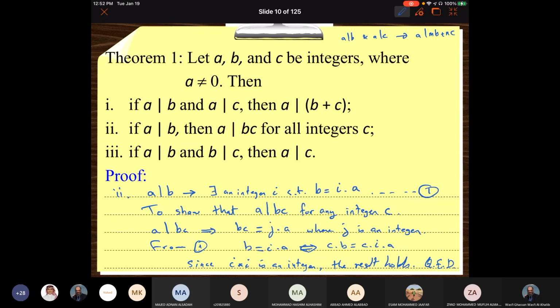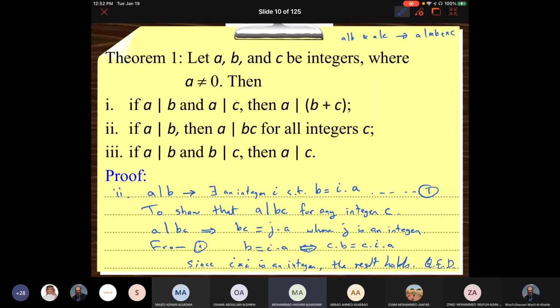How can we prove this, Doctor? We can make NC equal an integer, then call it a new integer. So Doctor, you can say if A divides C and A divides B, it means that N or B equals N times C, which is a constant.